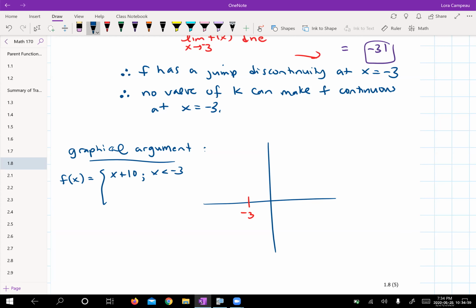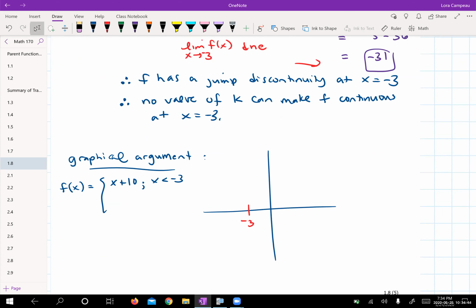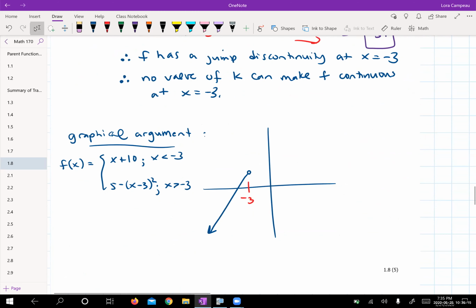So it's a line, and it should be hitting about 7. So I can mark it about here. Got ourselves a straight line. If we look at the parabola, 5 minus x minus 3 squared, for x greater than -3, when we look at what's actually happening at -3, the limit is -31.